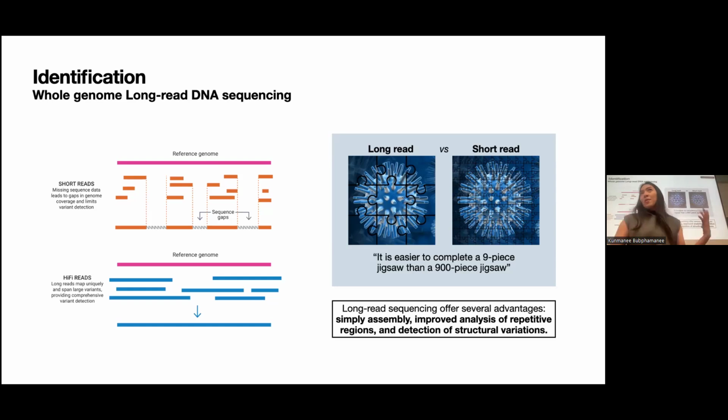I think I pulled it from the website: long-read DNA is like a 9-piece puzzle, while short-read is like a 900-piece puzzle. So it's easier to complete a 9-piece jigsaw because it has more information compared to short-read. That's why we use long-read DNA sequencing to complete a whole genome.